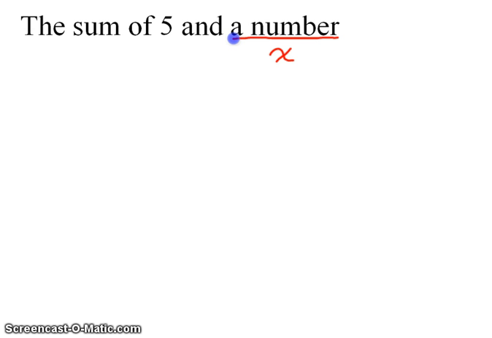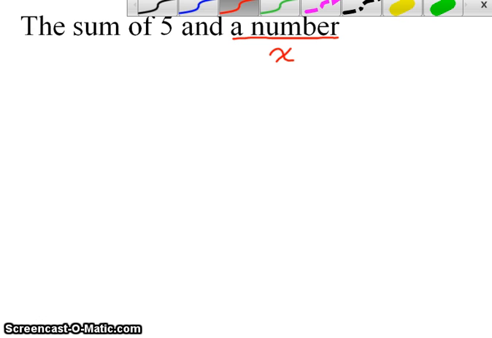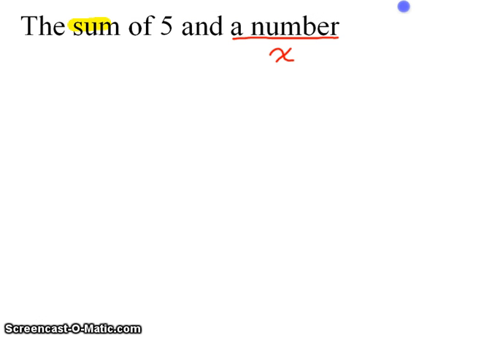So we have the sum. What are we doing with the x? That's the next thing we ask. The sum of 5 and a number. The word sum indicates the operation.